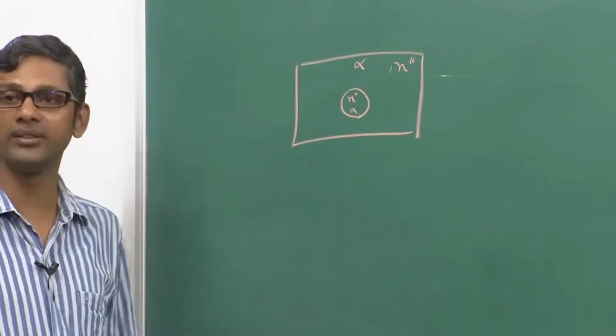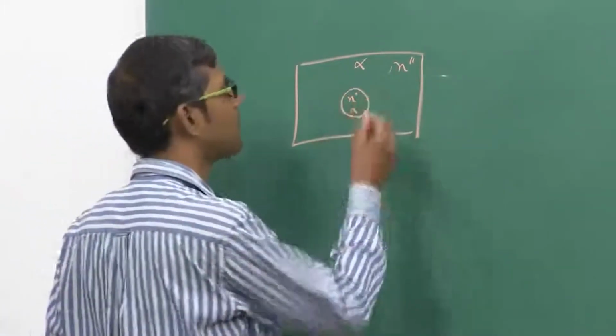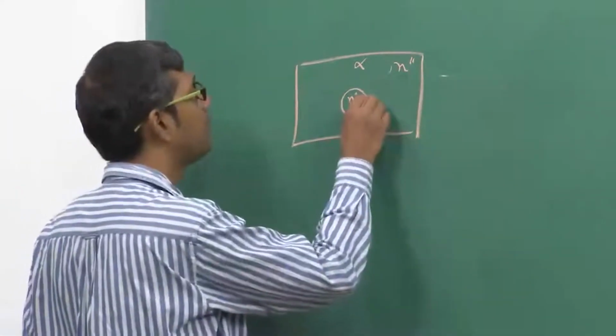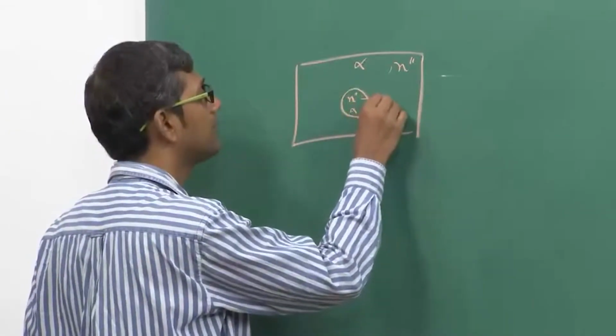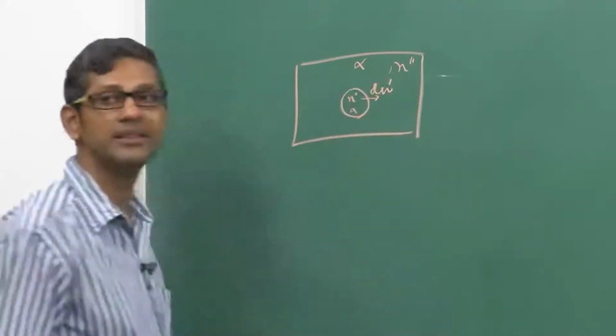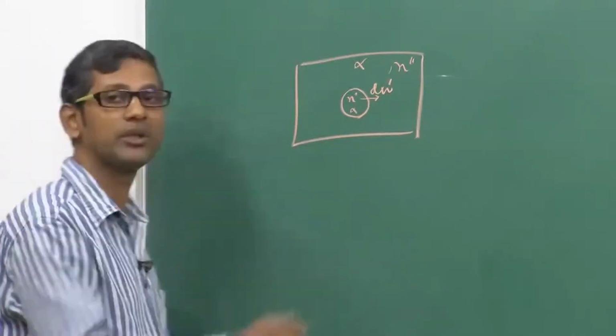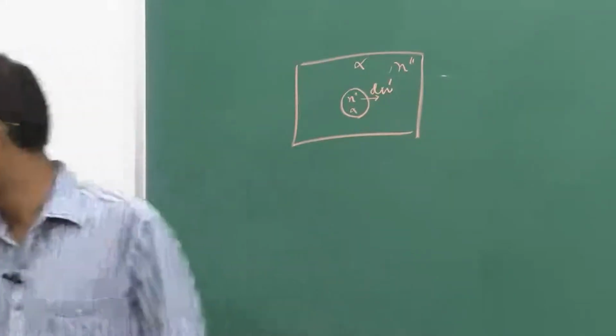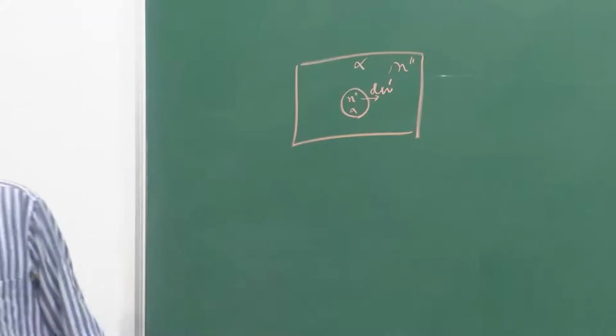Now we are going to look at a situation in which mass is getting transported from this small alpha grain to the outside, and suppose this small mass dn number of molecules is transported. What will happen to the equilibrium situation? This is a very simple situation, not difficult.